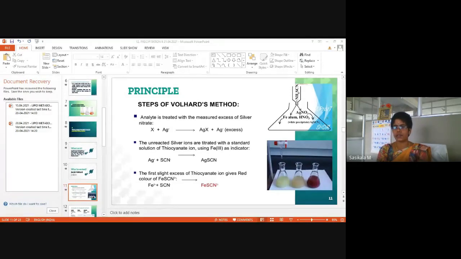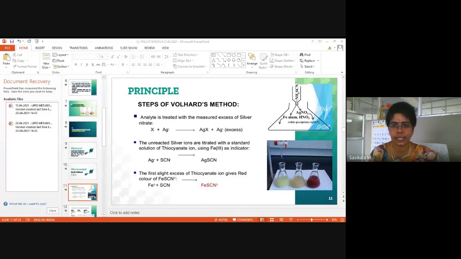Conical flask content is silver nitrate. Already some amount of silver nitrate has reacted with chloride ion, so only the excess, the remaining amount, will be there. That excess will react with the burette content, ammonium thiocyanate. We can use either ammonium thiocyanate or potassium thiocyanate as burette content for Volhardt's method.